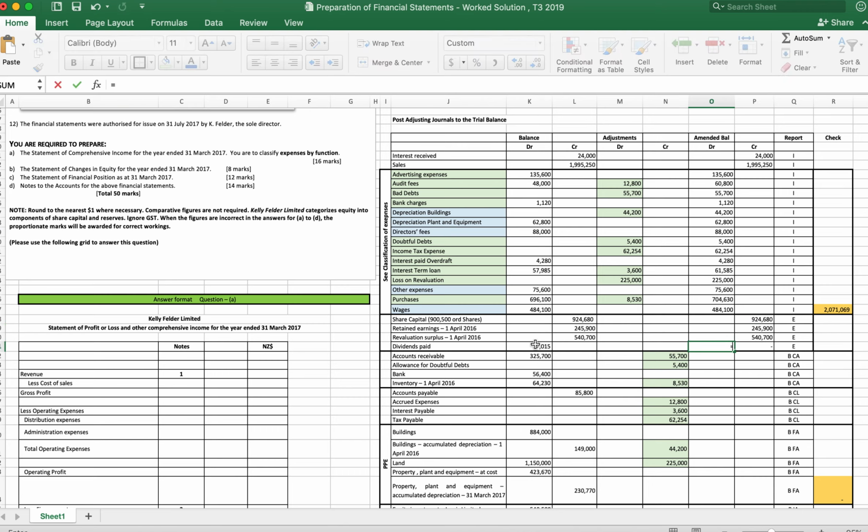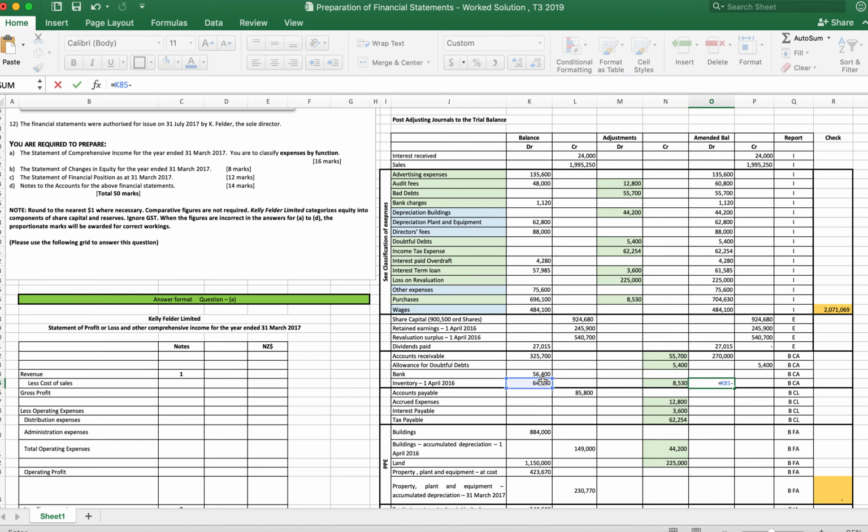These are assets. So they're typically going to have a debit balance, except for that one. That's pretty much that minus that. Balance of doubtful debts is going to be a credit balance.